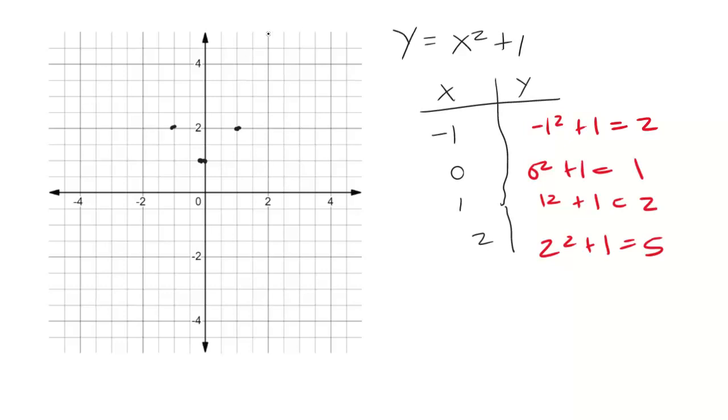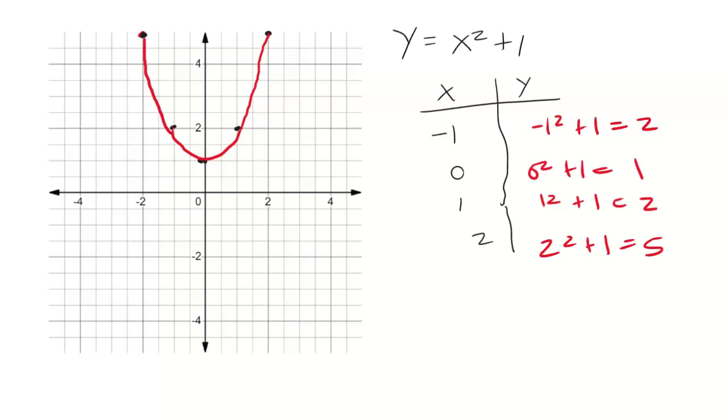The point 2, 5 is going to be at this upper point right here. So we try to join the points as best as possible, and we'll have something like this. It's going to be a rough sketch, but that's okay. Notice that if you plug in -2, you also get 5, so we can just reflect it over here and join these points to get what is called a parabola.